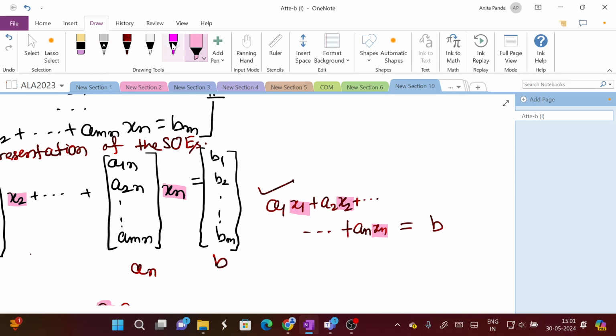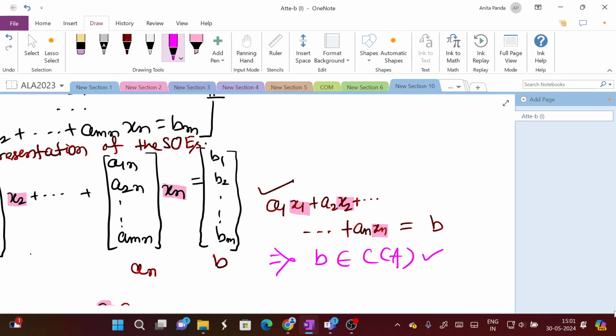That means b is a linear combination of columns of A, which implies b belongs to C(A). So what have we concluded? If any system of equations has a solution, then its RHS vector belongs to the column space of A.